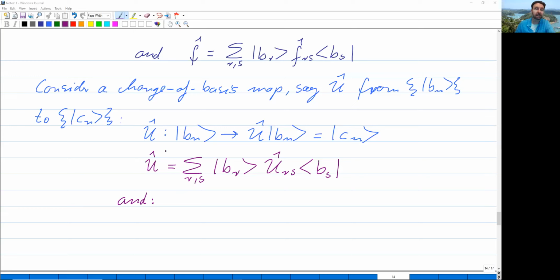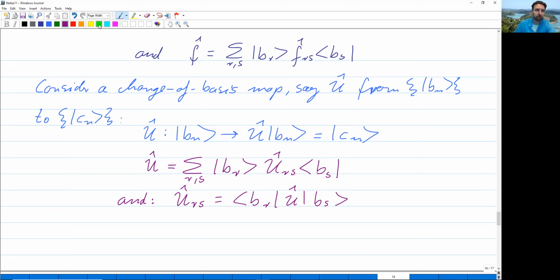Okay, so we have that the U hat operator, the change of basis operator, from the B basis to the C basis can be written in this form, where the matrix elements U hat RS are given by BR U hat ES. Now let us remember that U hat acting on a basis vector BS gives us a basis vector in the C basis, right?